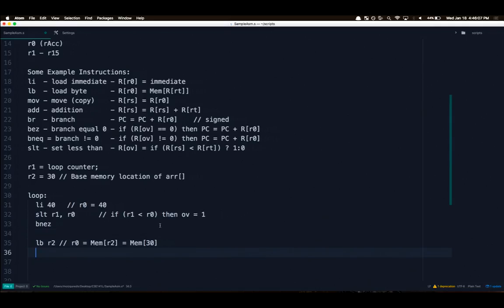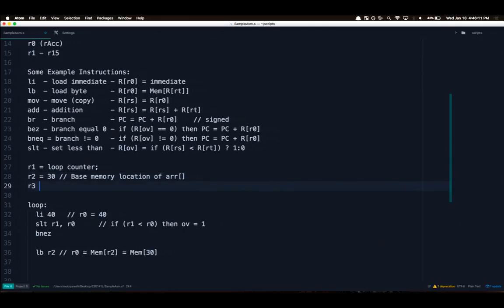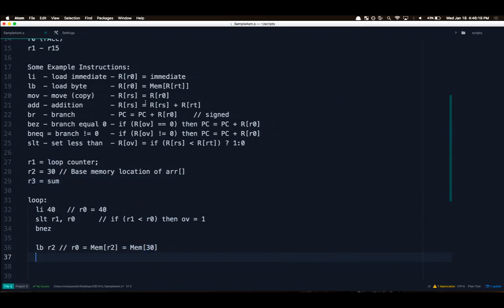And then let's just say I'm using R3 to hold sum. Then I had an add here, so I can just do add R3 and R2. And that's going to continuously add the value of my byte to R3.